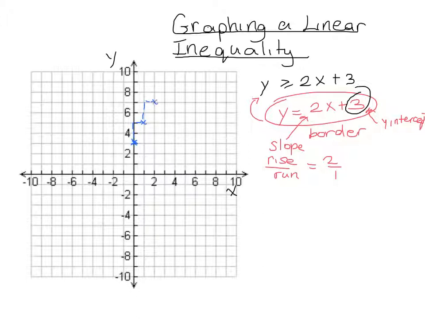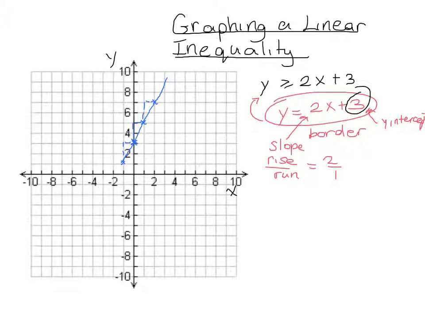So the next point is here. We really only need 2 points to make a line, but I've done 3 just so we can have a better look. We can do even more if we're not confident. We can go the other way as well. And then we can join our points. So let's see how I do here without a ruler. Not too shabby, not too great, but we get the point.